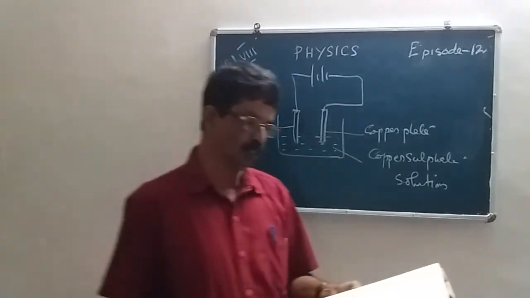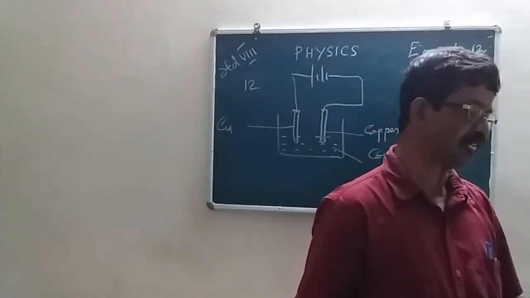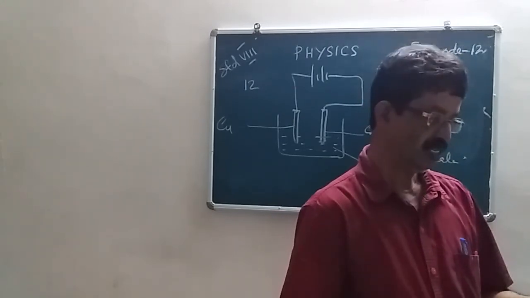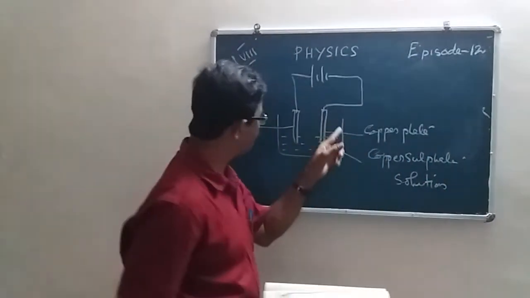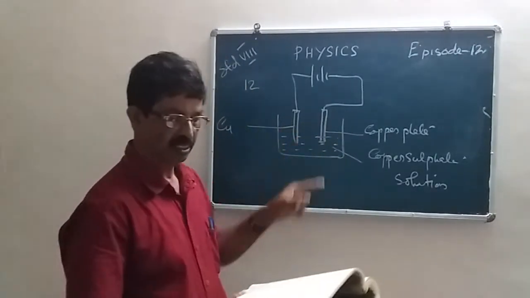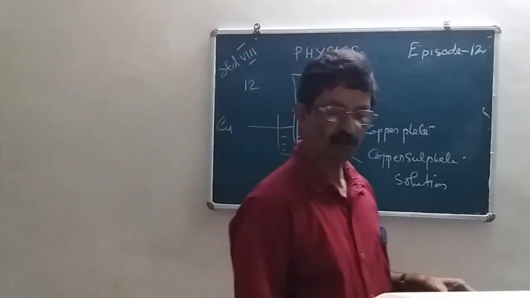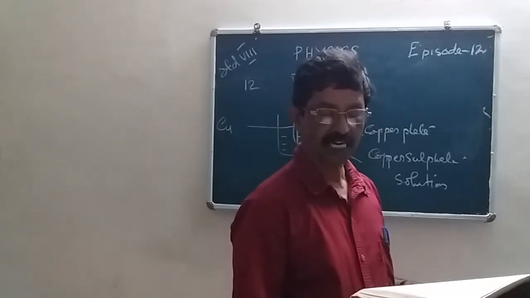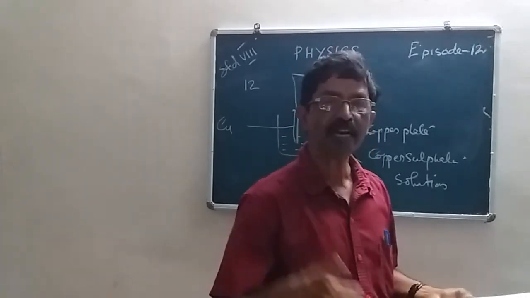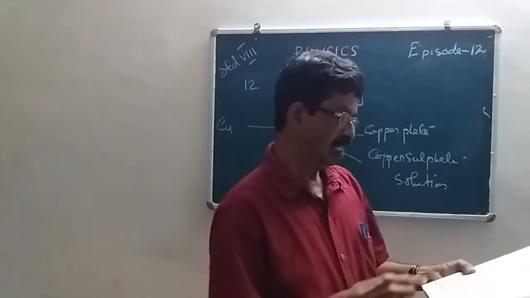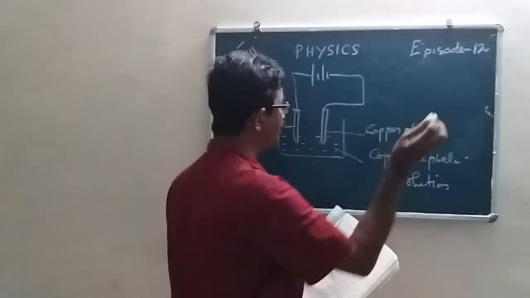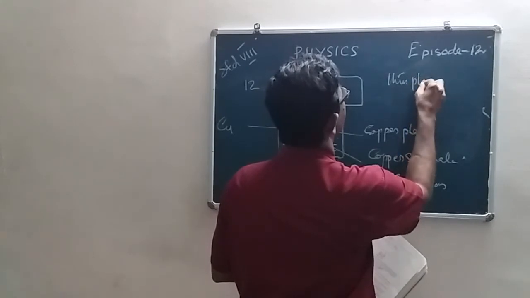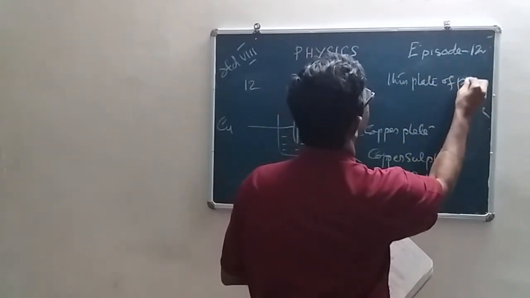The process that you saw in activity 14.7 is used for purification of copper. A thin plate of pure copper and a thick rod of impure copper are used as electrodes.